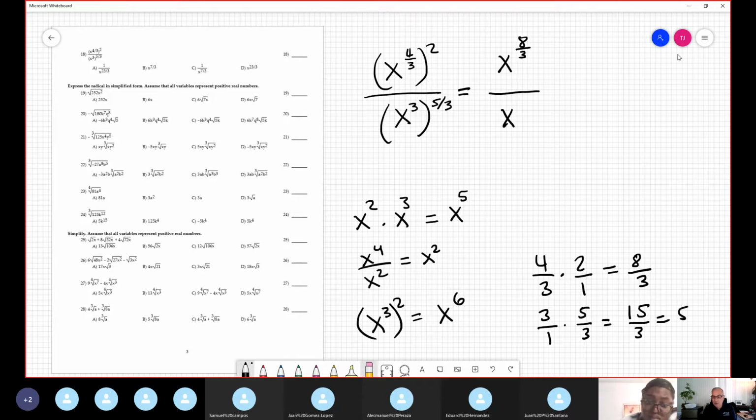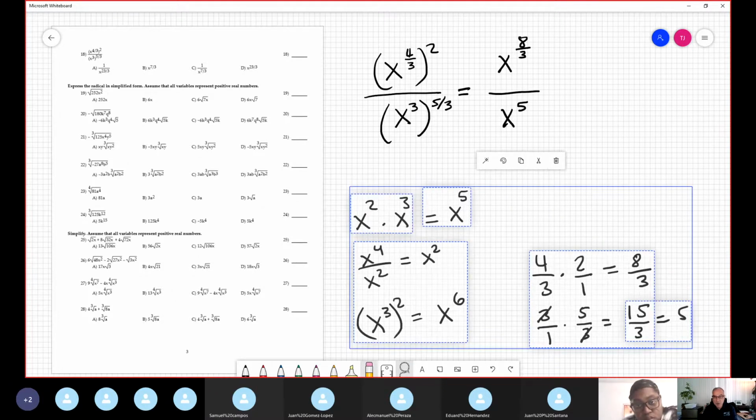Another point of view is you cancel out that 3 and that 3 and stay only 5 over 1, which gets just 5. So this is the fifth power. Okay, finally, division. Division is subtraction.